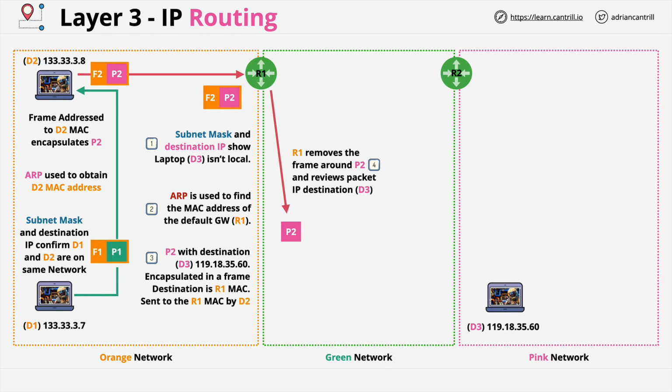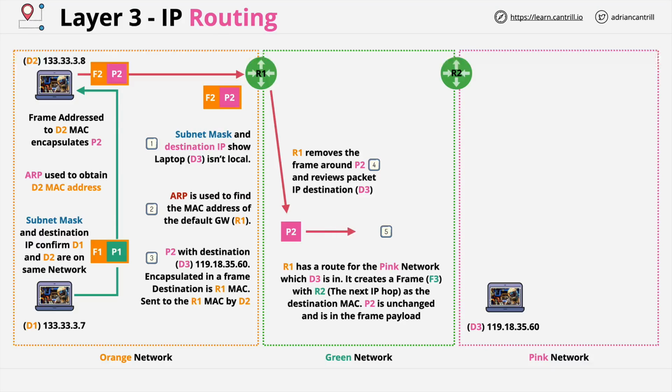So it reviews the destination of the packet P2, it sees that it's destined for laptop D3, and it has a route for the pink network in its route table. It knows that for anything destined for the pink network, router R2 should be the next hop. So it takes packet P2 and encapsulates it in a new frame, F3.